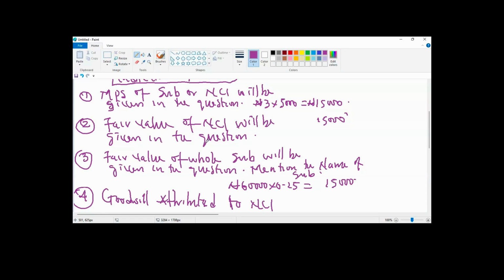Now, let's go to the second alternative method. That one is much easier than this. If you do not value it at fair value, then you must value it at share of proportionate.